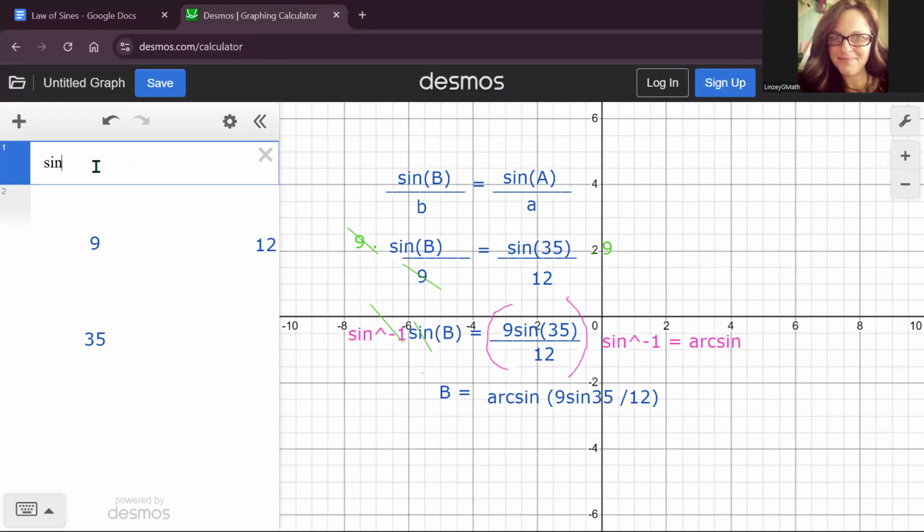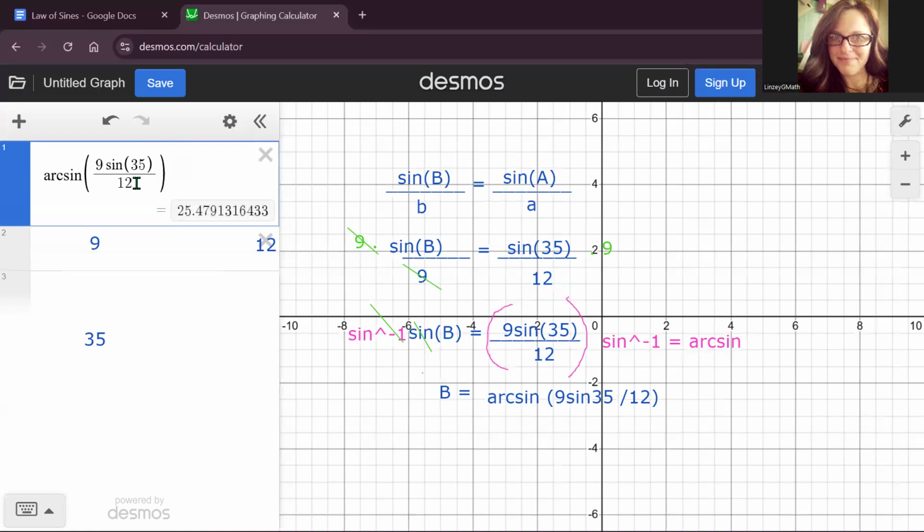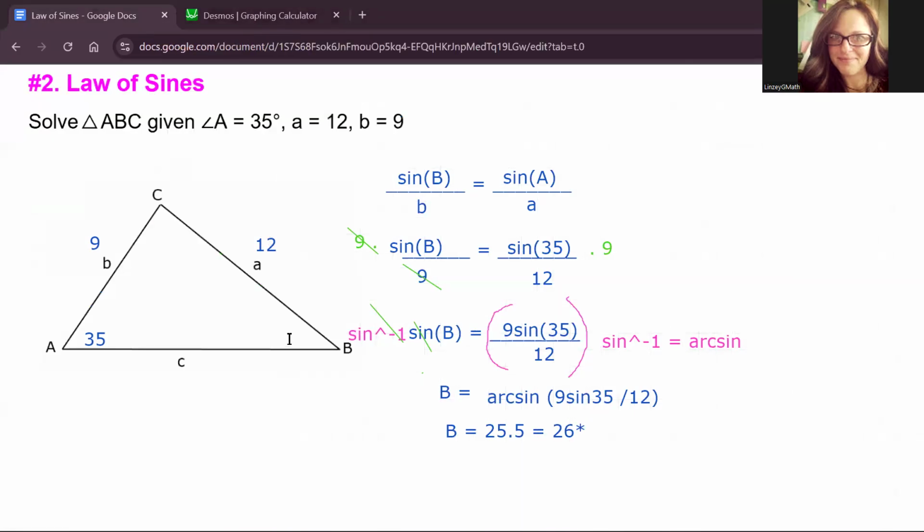So we can do sine raised to the power of -1, inverse sine, or you can just type ARC, SIN, arc sine. A fraction, and then 9 sine of 35, all divided by 12. And we get 25.5 degrees. I'm going to round up to 26 degrees for angle B.